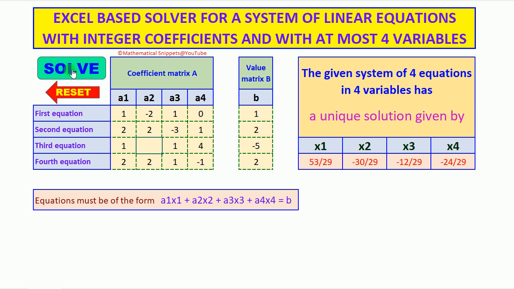So let us solve this one. It says that it has a unique solution given by this again. And suppose I put the same numbers here: 1, 2, 1, 2, so these two columns are the same. So it says no solution.